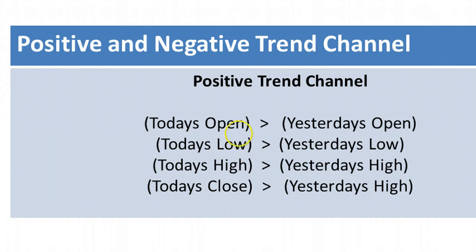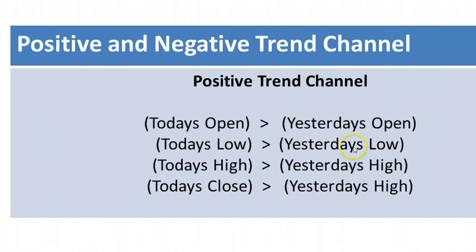So in a positive trend channel, I will show you later in this video that we will compare two candles, wherein we'll try and identify two candles with double positive, wherein today's open is greater than yesterday's open, today's low price is greater than yesterday's low, today's high price is greater than yesterday's high, and today's close is greater than yesterday's high.